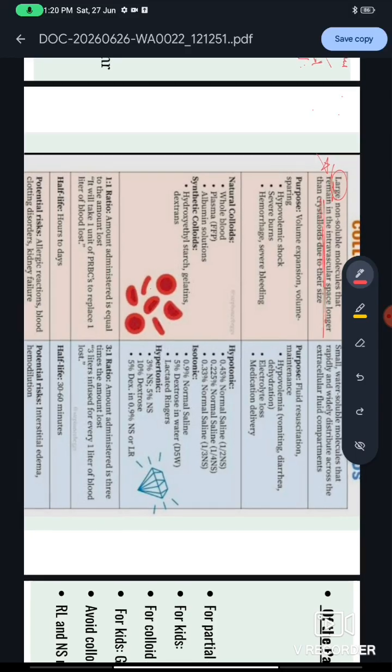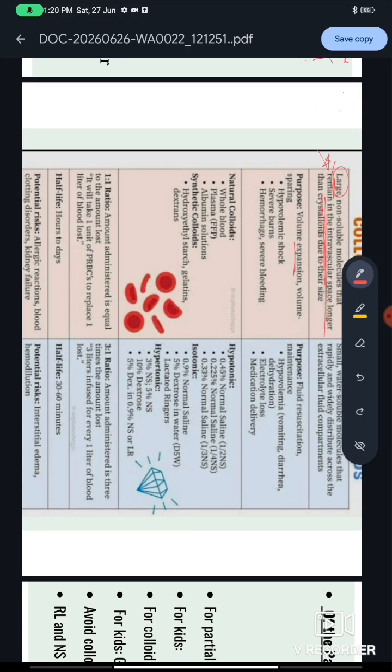Now, why are they preferred? For volume expansion, they are given in hypovolemic shocks, severe burns, hemorrhages, and severe bleeding.